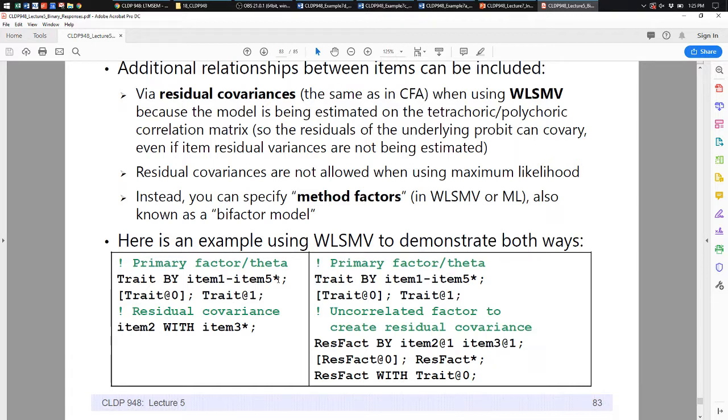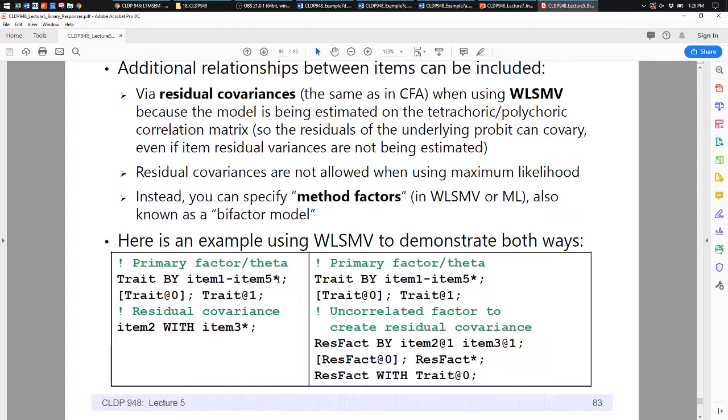Critically, this new method factor, or resfact as I'm calling it, cannot be correlated with any of your trait factors. Then it is defined as a residual, as a leftover. And that should fit equivalently as if you just put the residual covariance in directly. So this method factor option on the right you can do in any model. The one on the left you can only do in models where you're fitting something to a covariance matrix.